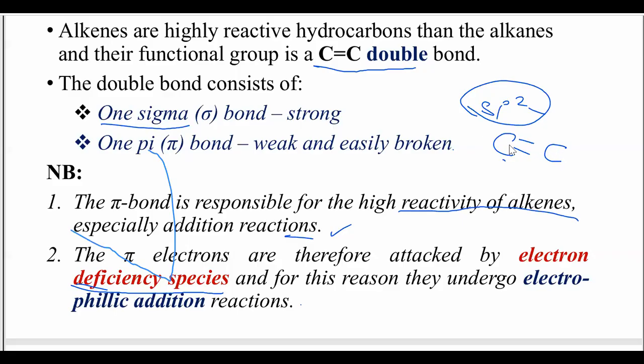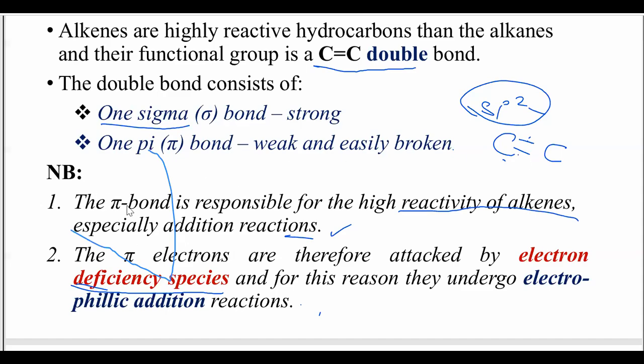The pi bond is weak compared to the sigma bond. You recall each bond is made up of a pair of electrons. A sigma bond is a pair of electrons, and a pi bond is another pair of electrons.